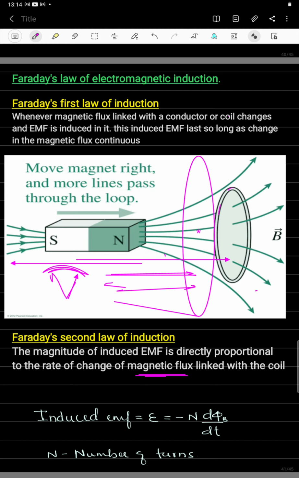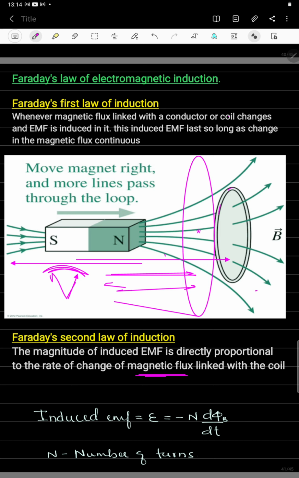I will repeat once again. What is the first law? Whenever the magnetic flux linked with a conductor or a coil changes, an EMF is induced in it, meaning produced in it. This induced EMF lasts so long as the change in the magnetic flux continues.